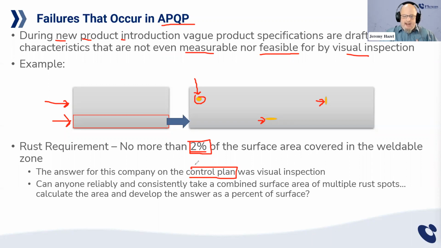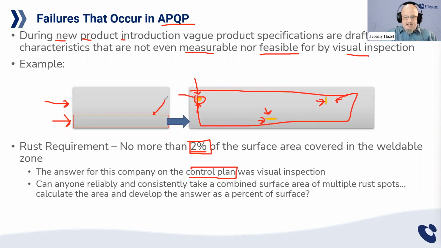Do you know anybody that can take a surface area, calculate the amount of surface area covered by the rust, and then magically sum all of this up and represent it as a percentage of the total surface area? Absolutely not. This is a very common way that we fail in visual inspection.